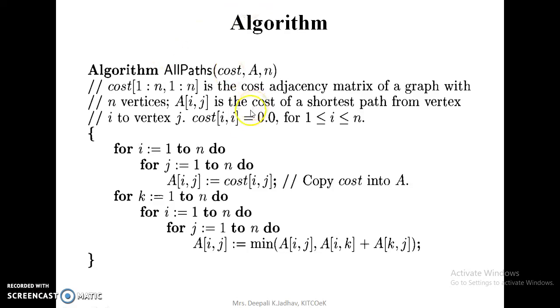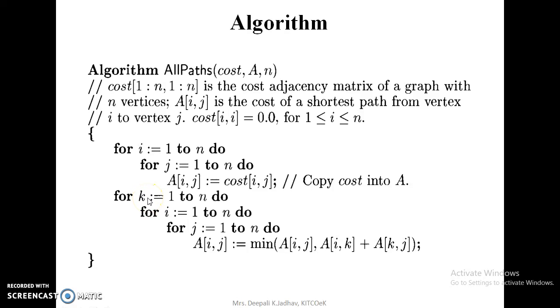Initially cost(i, i) is equal to 0. So for i equal to 1 to n, for j equal to 1 to n, A(i, j) is equal to cost(i, j). So whatever the cost from i to j as it is we copy in the first matrix, means this is the cost adjacency matrix. Now once we get the first cost adjacency matrix, then we move towards the value of k.